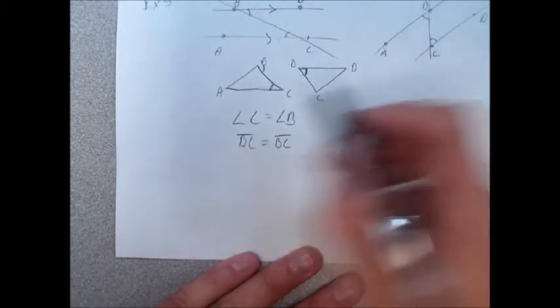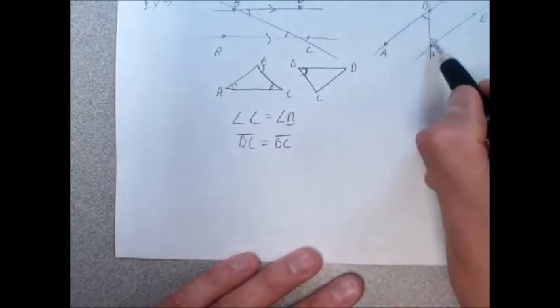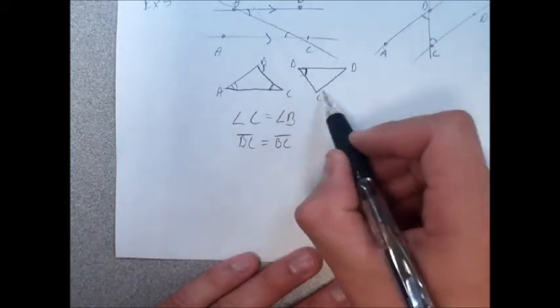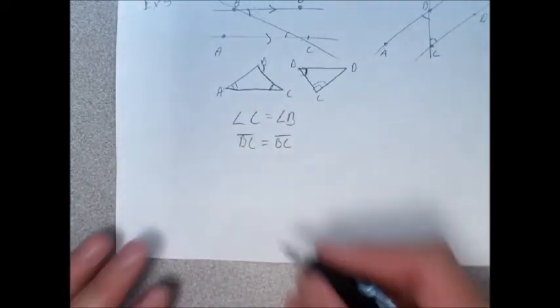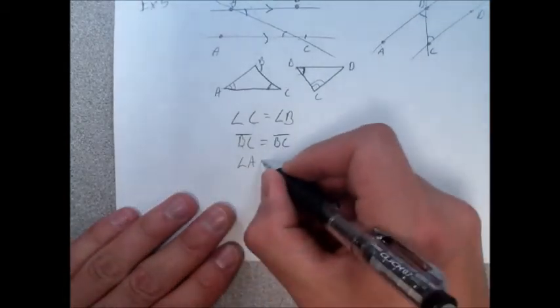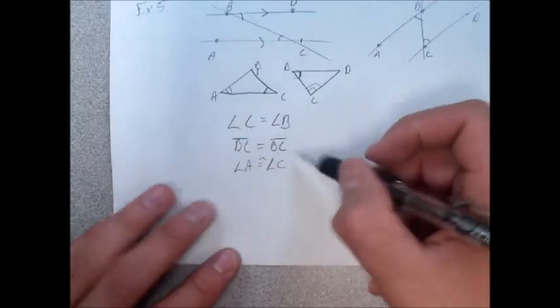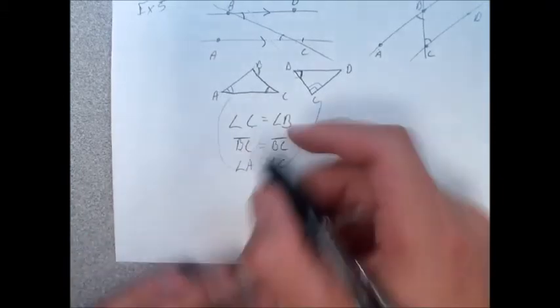So this angle is that angle right there. They're alternate interiors again. And we have BCD. So these two angles are congruent to each other. So now I have angle A congruent to angle C in my picture.